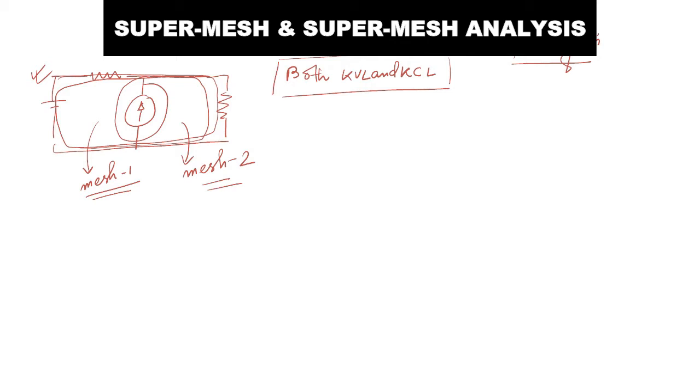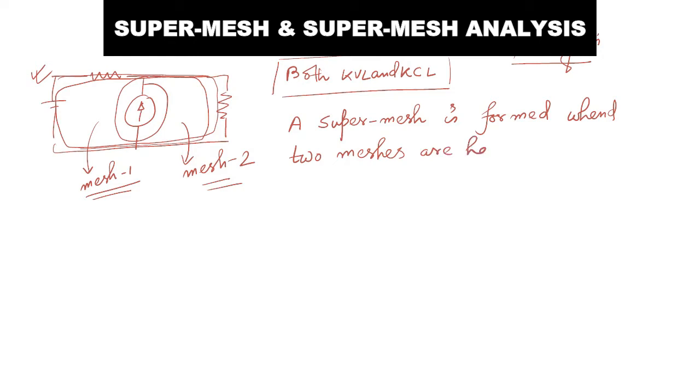Before that, let us write down: a super mesh is formed when two meshes have a current source as a common branch.